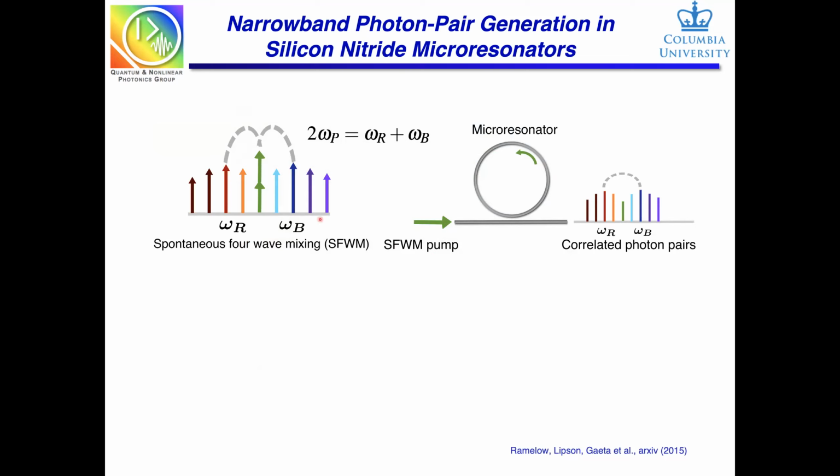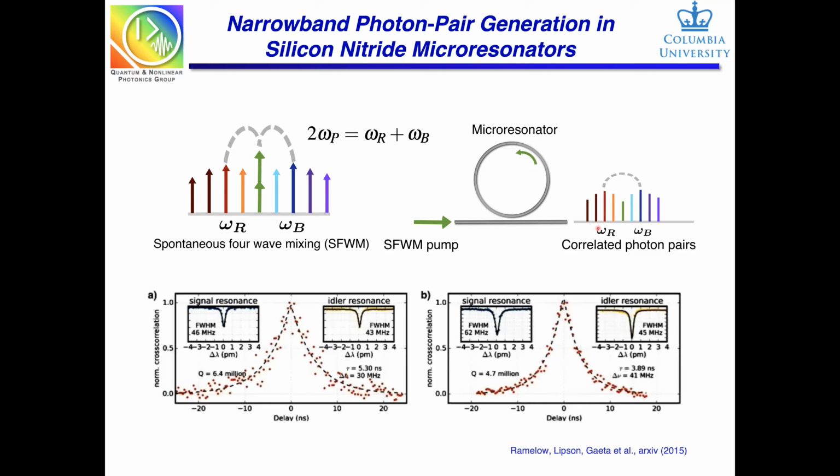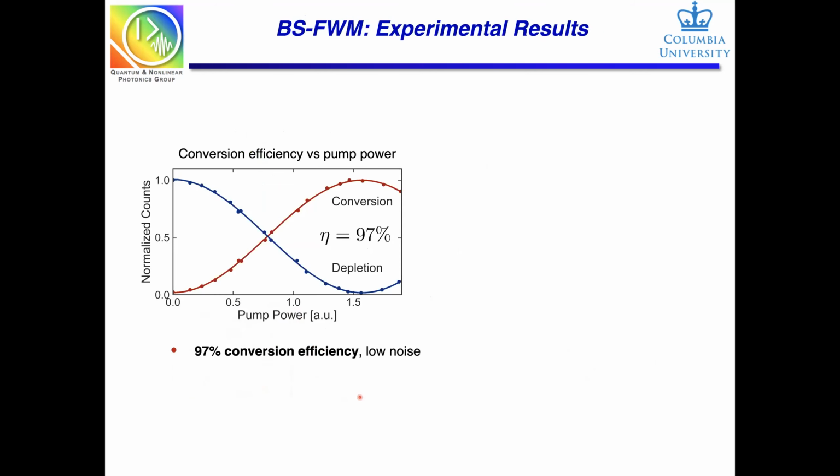They're on this grid. Although this photon is not correlated with this one here, it has a direct correlation with this one when the pump is sitting right in the middle. Here's just an example where we can generate photons that can be narrow band down to 30 megahertz using this technique. So these can be relatively narrow band. So here is our frequency converter.